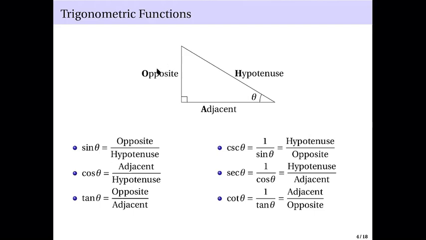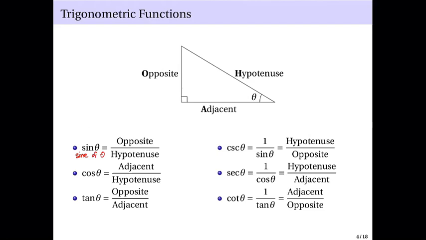So you get the length of this leg and then divide it by the hypotenuse. And that will be the sine of theta. Let me write it here: sine of theta.